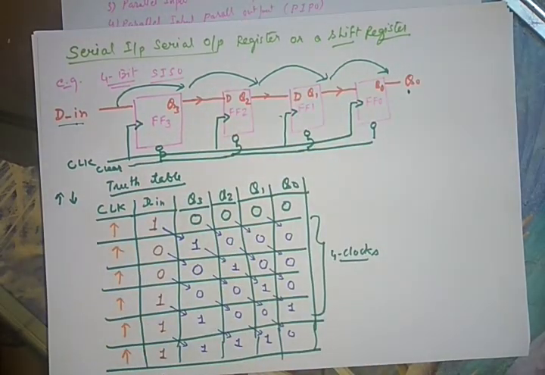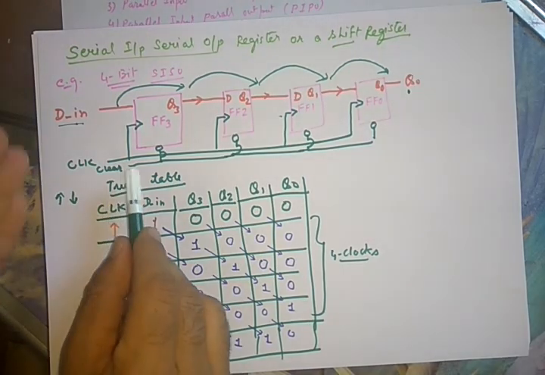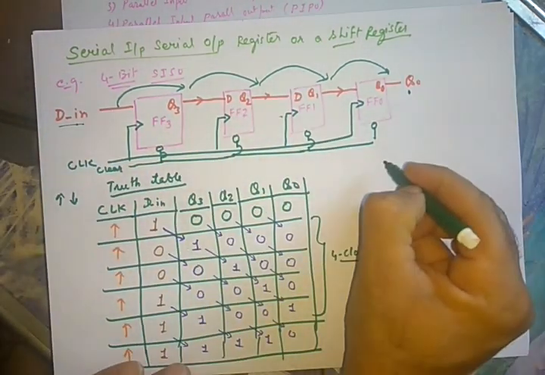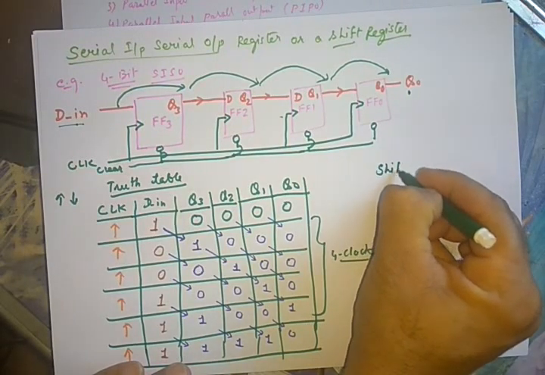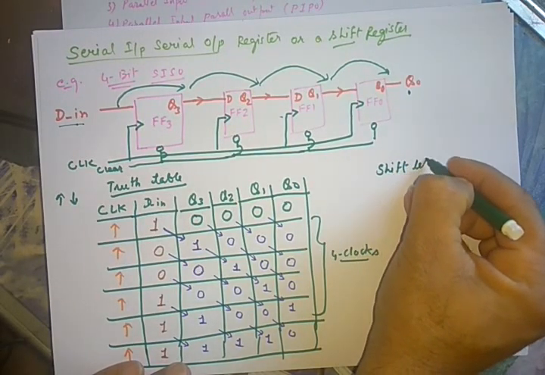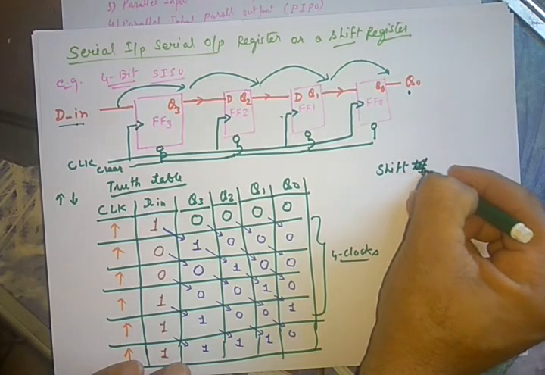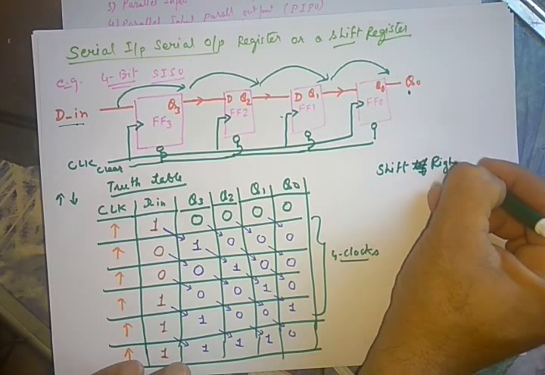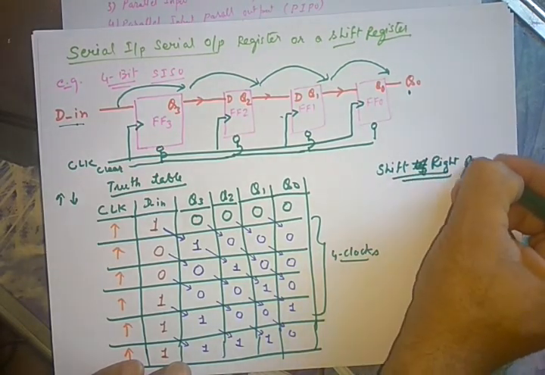Here is another way of looking at this movement, that data is moving from left to right. Then this register can also be known as shift right register.